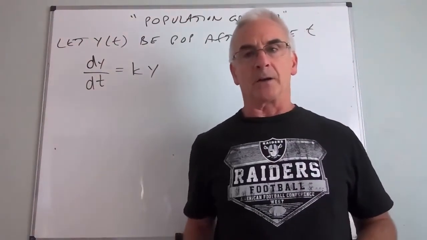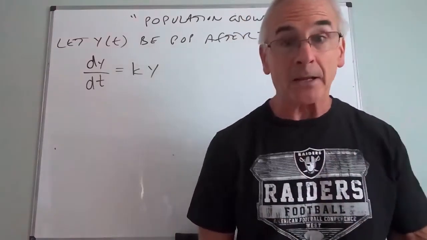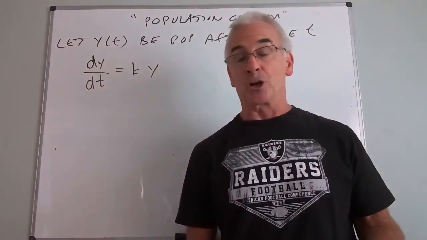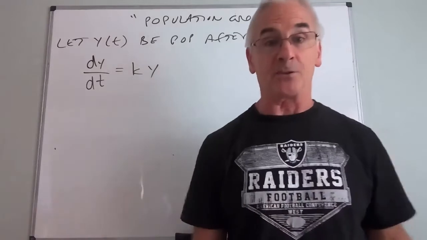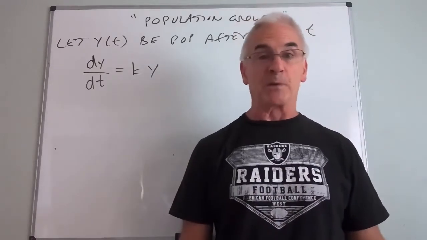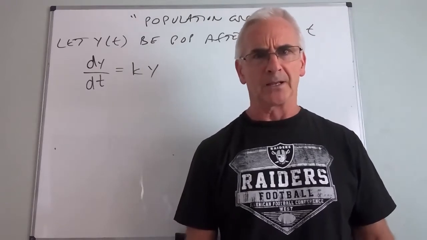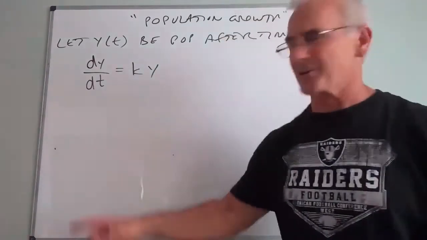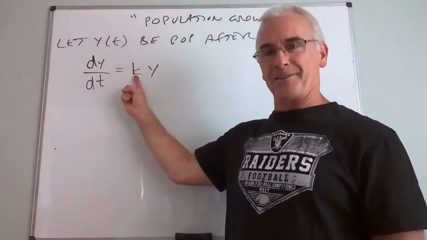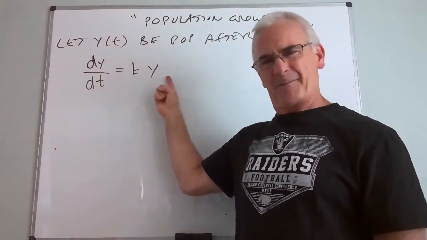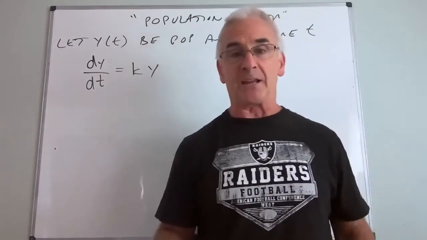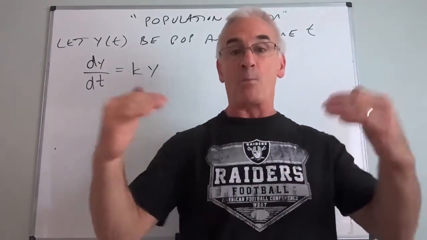Say you're going to put some money in the bank, and you're getting 5% interest. Well, how much money will you have in a year? I don't know. It depends on how much you put in. So in other words, this is like the interest rate, and this is how much you're putting in. The rate of change is a constant multiple of how much you have.